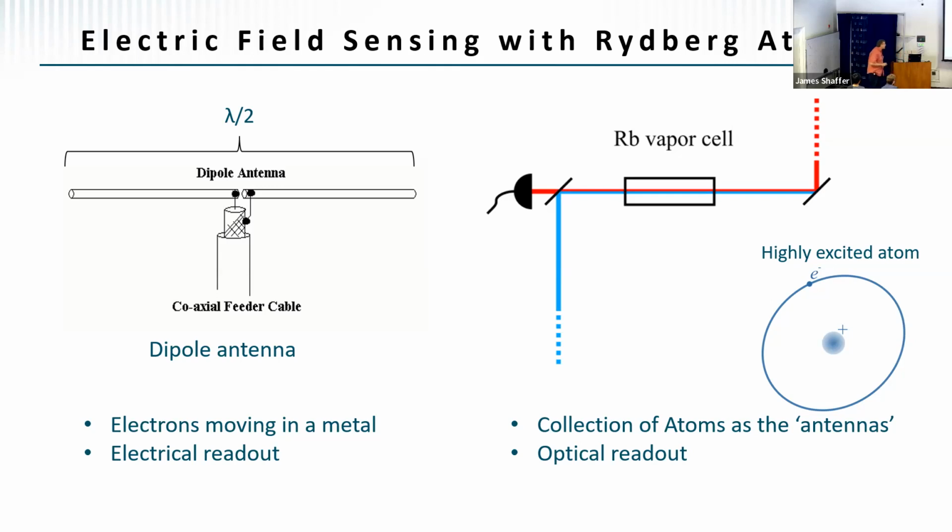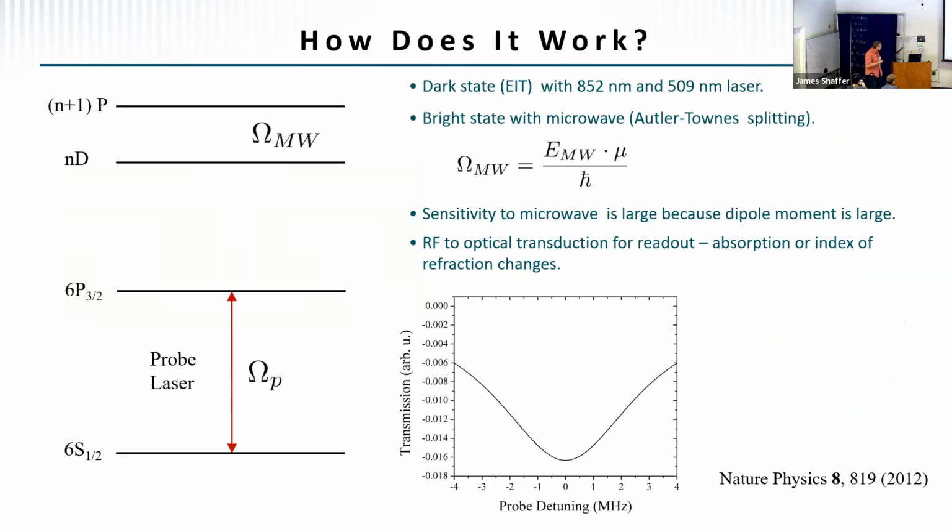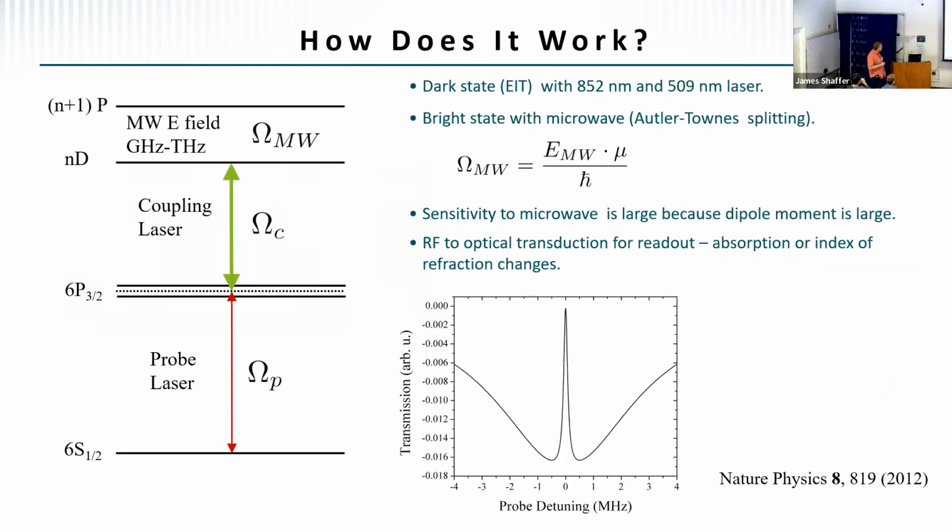If you remember, absorption, coupling laser, EIT, and then application of a microwave field. We split the line here, and this is a measure of the amplitude of that RF field.